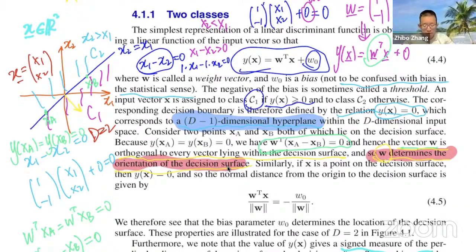Similarly, if x is a point on the decision surface, then the entire equation equals the threshold, which is 0.